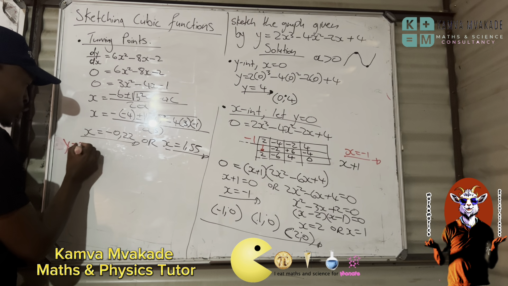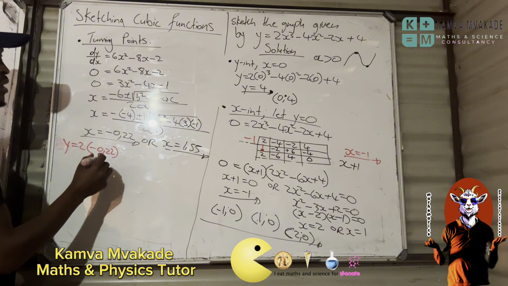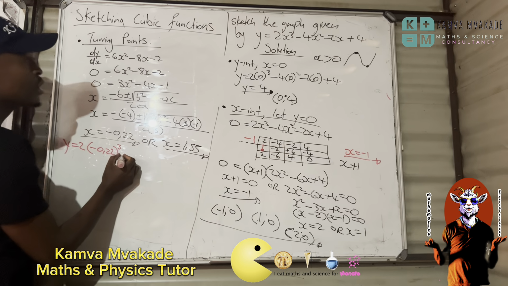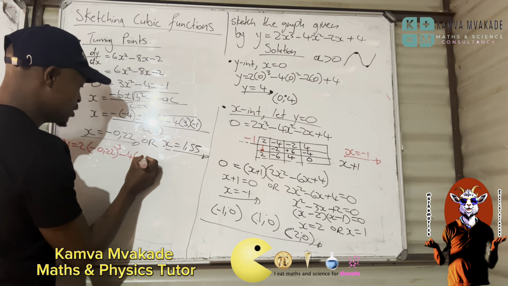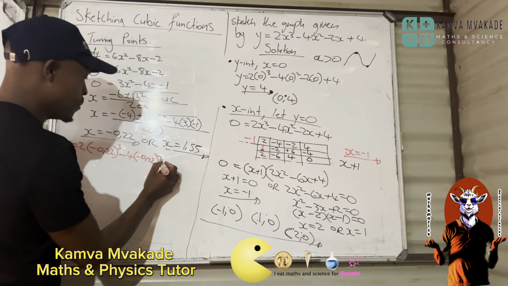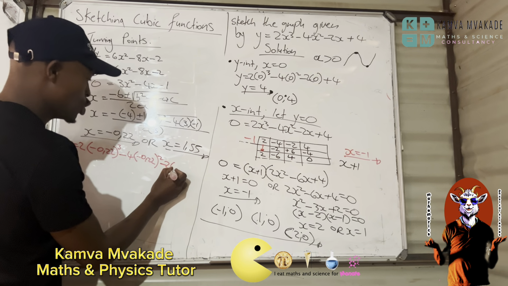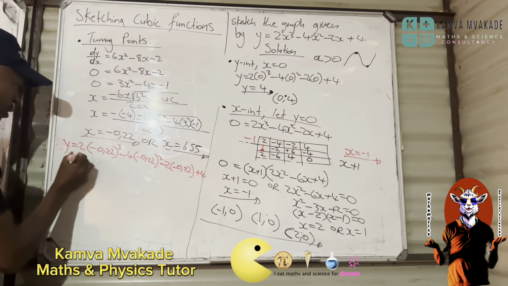2 into negative 0,22 cubed minus 4 into negative 0,22 squared minus 2 into negative 0,22 plus 4.